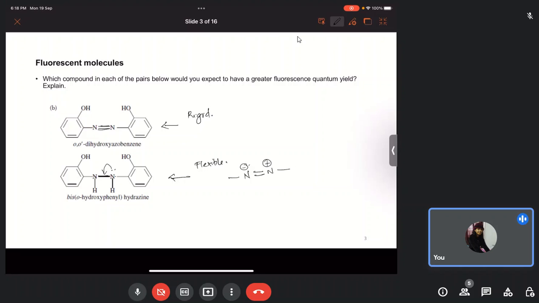But compared to this one, this is more flexible. So rigid molecules have better quantum yield. So we should say that this one will have a better quantum yield.